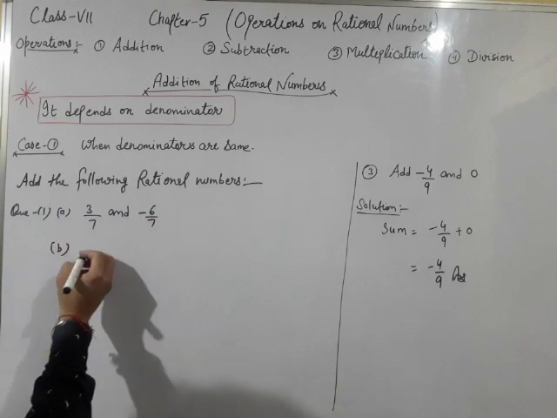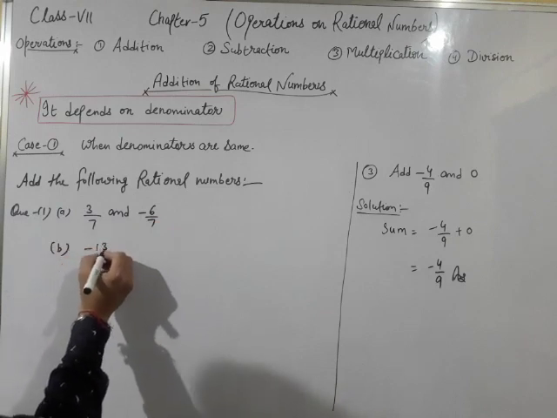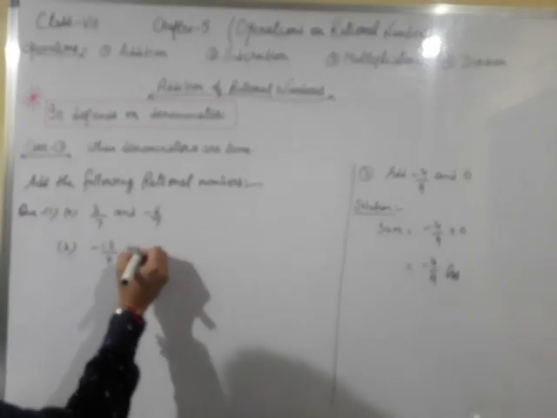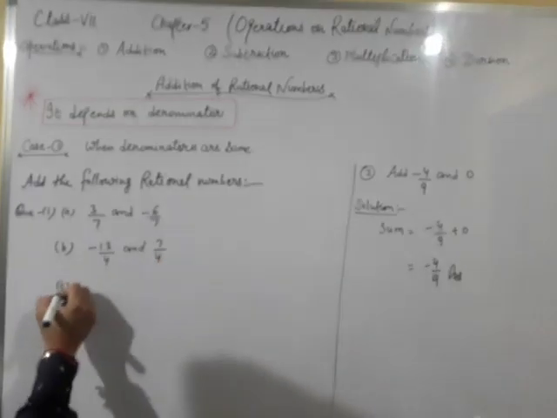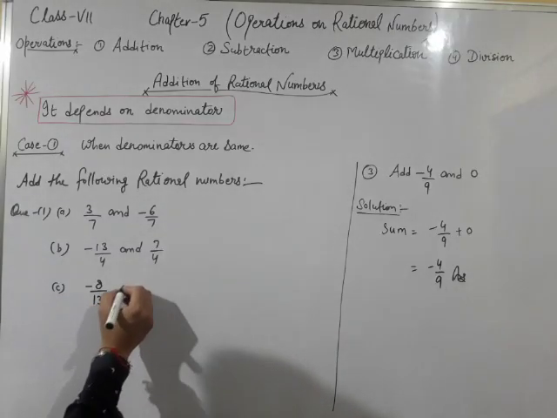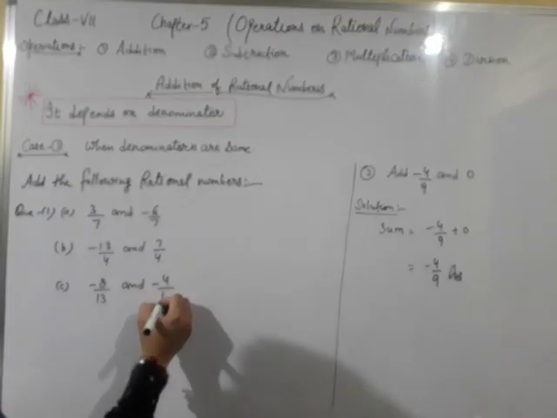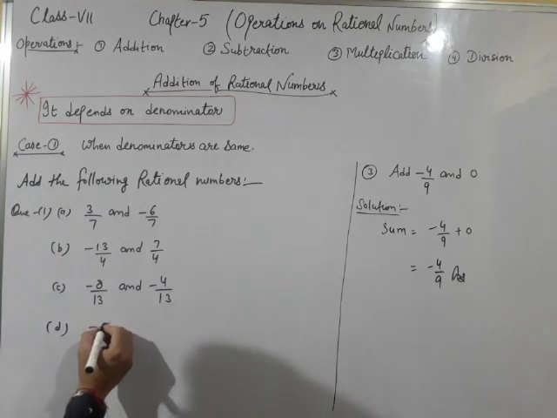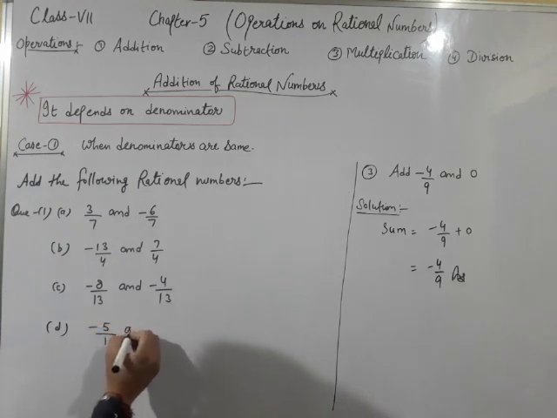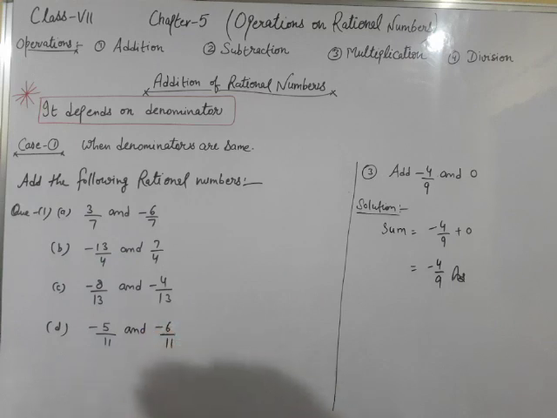B part, minus 13 upon 4 and 7 upon 4. C part, minus 8 upon 13 and minus 4 upon 13. D part, minus 5 upon 11 and minus 6 upon 11.